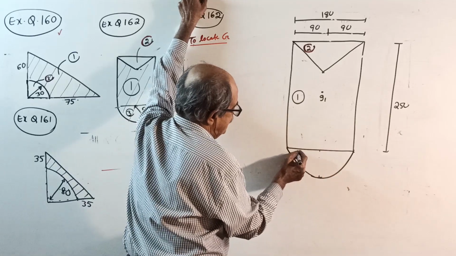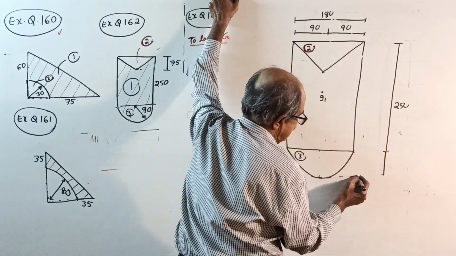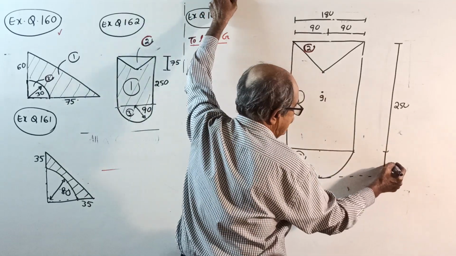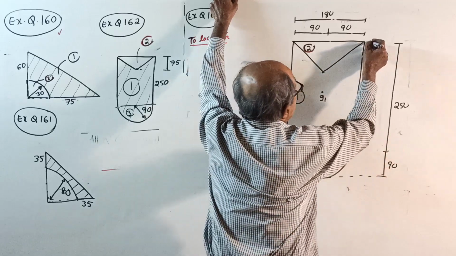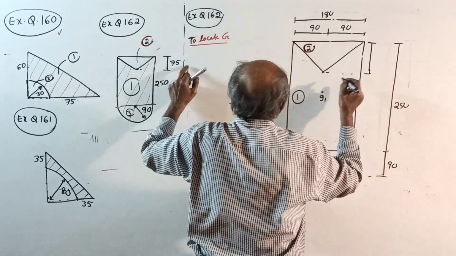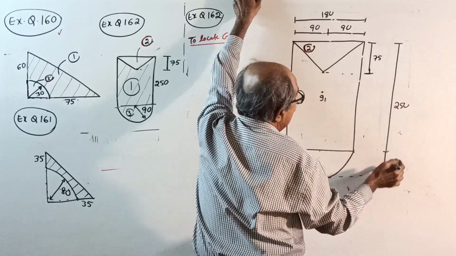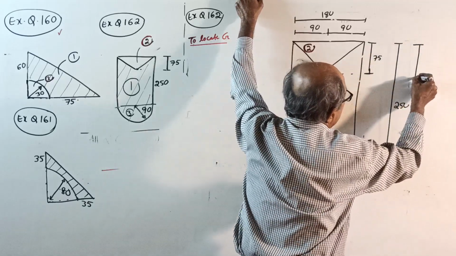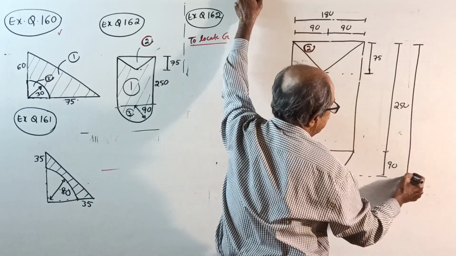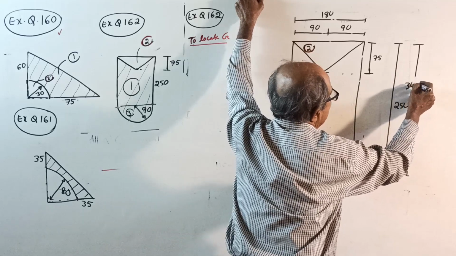This is your 3. So this distance will be the radius of 90, and if you want this particular distance, that distance is 75. Triangle property, full 250, 90. So the overall depth will be, full distance is 250 plus 90 is 340.